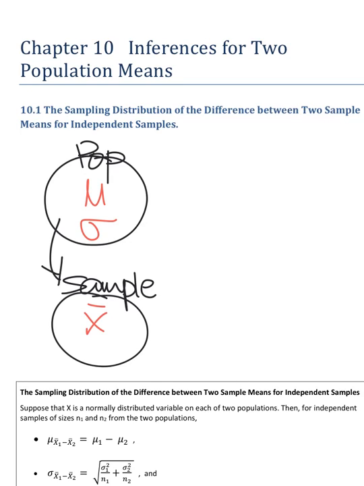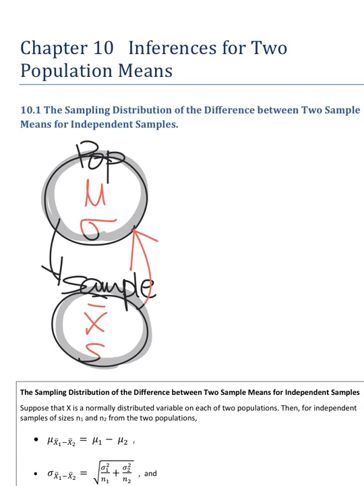So we take the sample mean, sample standard deviation. Then what? We estimated them. We discussed the confidence interval in Chapter 8, hypothesis test in Chapter 9, based on one population, one sample.